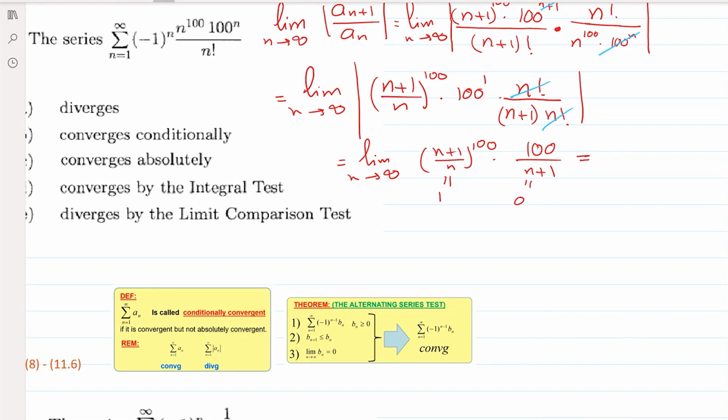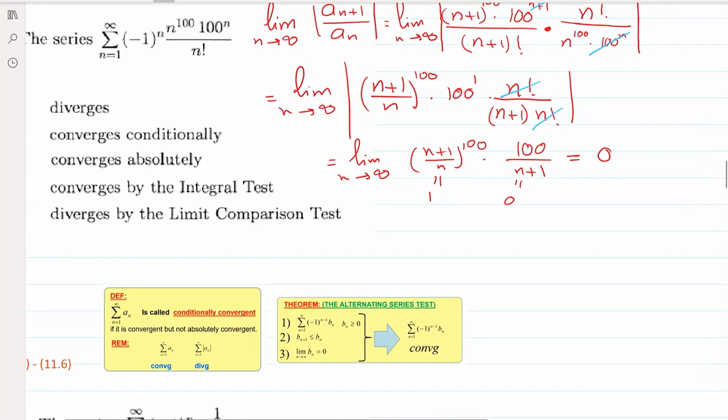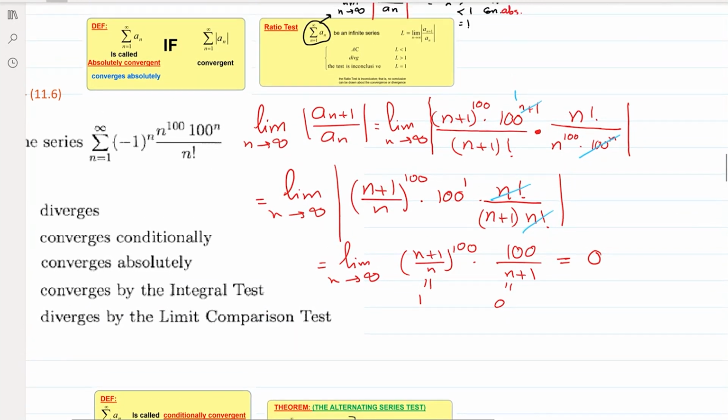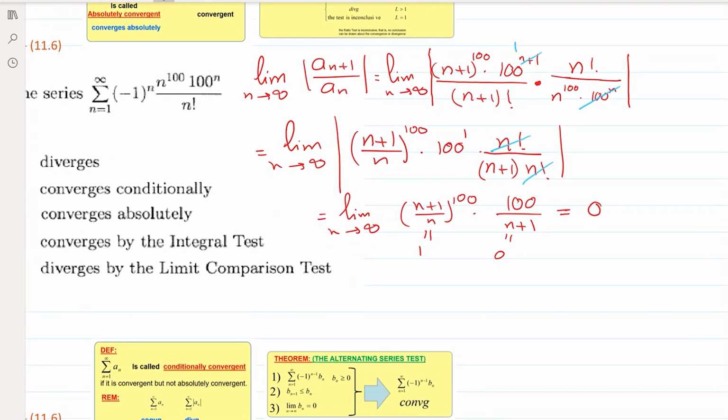And this is 0. So the total will be 0. Now, since it's 0, and you use the ratio test, be careful, guys. If you start with the ratio test, respect the condition of the ratio test. The result is 0, and 0 is less than 1. So it converges absolutely by the ratio test.